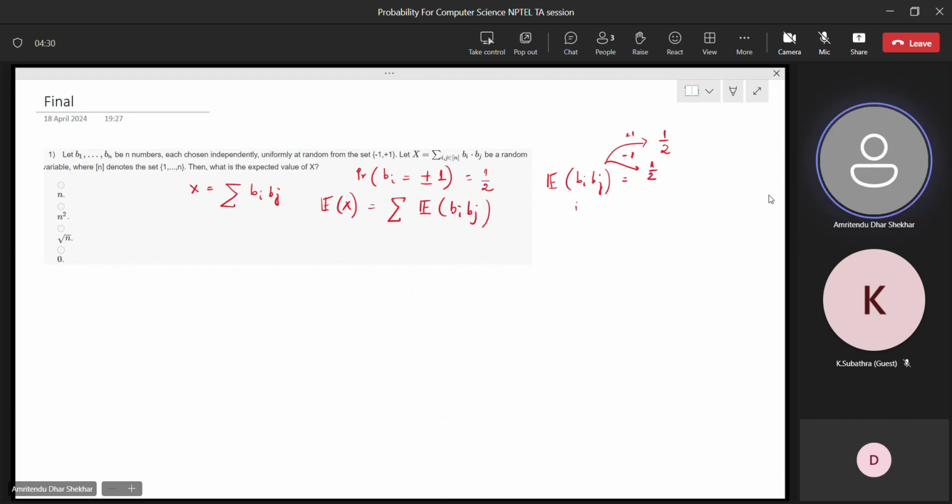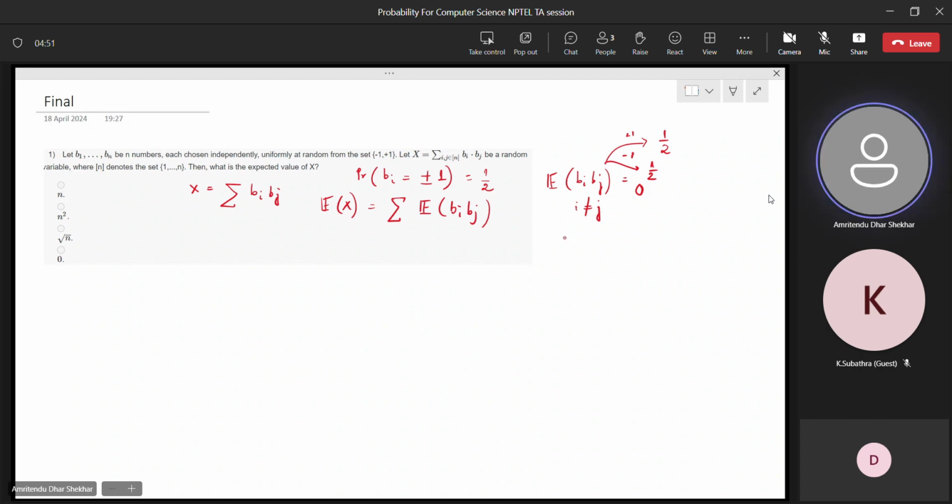So if i is not equal to j, then the expectation of bi bj is equal to 0. And if j is equal to i, then it's basically bi squared, and bi squared is equal to 1, so it's not even a random variable, it's equal to 1.